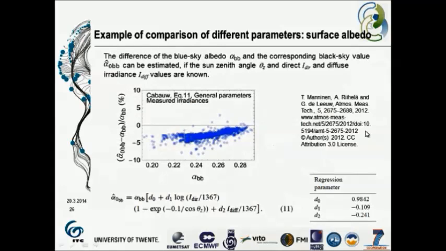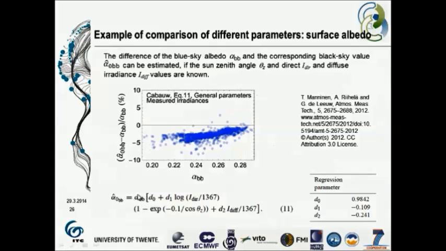Then you can also look at the relative difference. Within the study we also calculated ways of quantifying through a regression the difference. If you have measurement data from your pyranometer containing both the direct and the diffuse components of the radiation field, then you can use this equation with the regression parameters to estimate what would have been the black sky albedo out of the blue sky albedo that you measured.